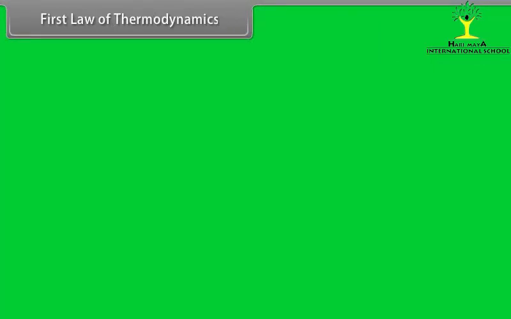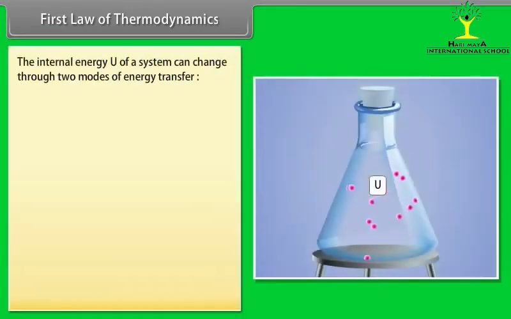First Law of Thermodynamics. The internal energy U of a system can change through two modes of energy transfer, heat and work.